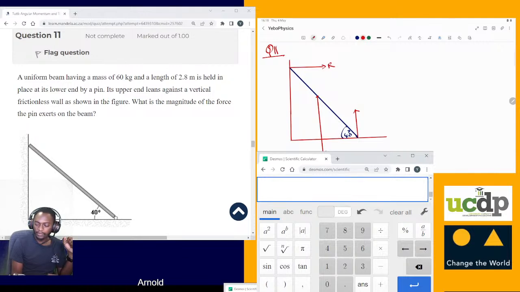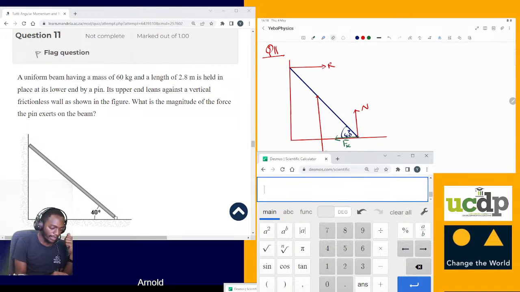So this is our normal force. If there was no friction, this ladder would slide backwards like that. So because of friction, this ladder does not slide, it's balanced, it's in equilibrium. So we've got a frictional force which is going to be opposing that backward movement.